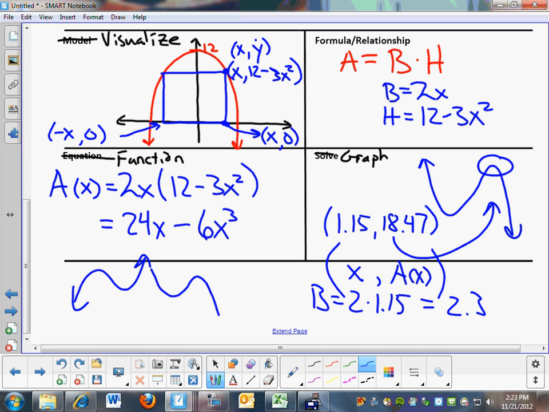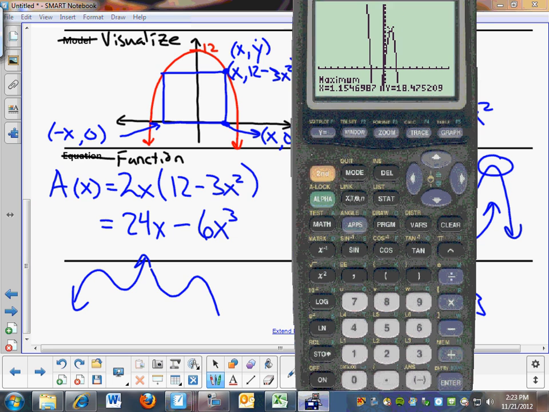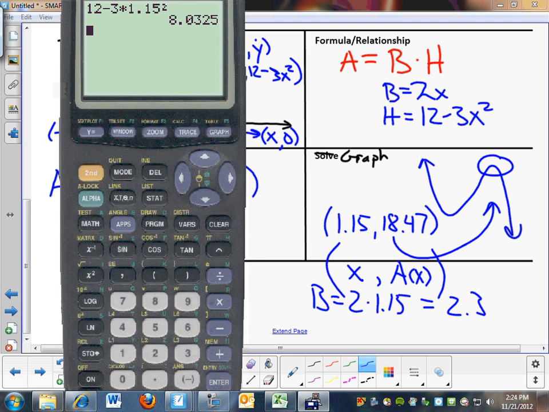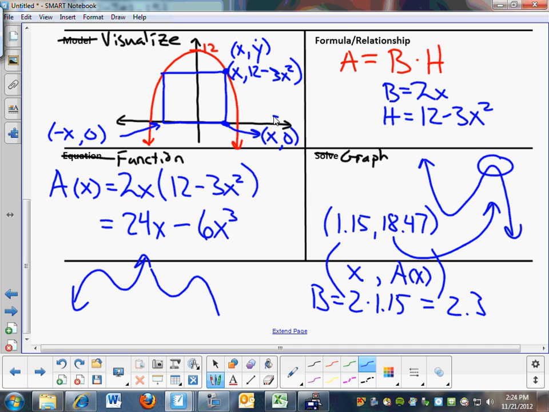Let's plug that in, and that will give us the height: 12 minus 3 times 1.15 squared. Enter, and I get 8.03. So 8.03 is the height, 2.3 is the base. Now we've answered the question.